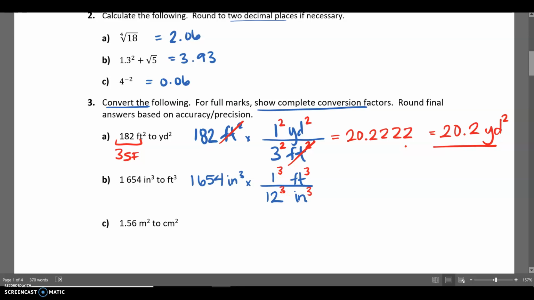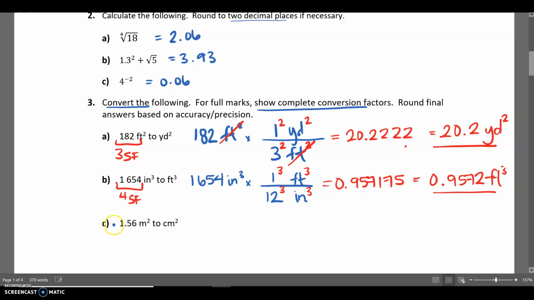Then on my calculator, I can do 1,654 divided by 12 cubed, and I would get 0.957175. My initial measurement is 4 significant figures, so I'll round to the same, 0.9572. And my new units are cubic feet.